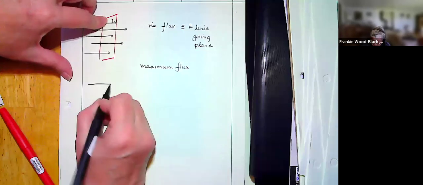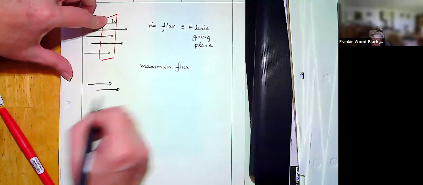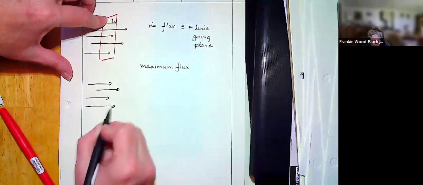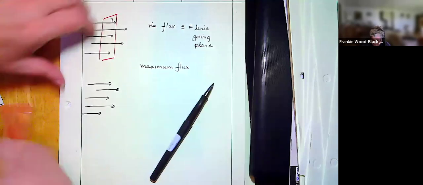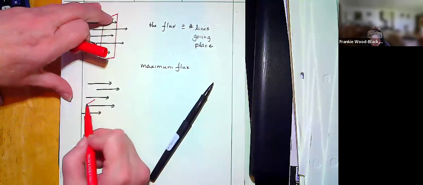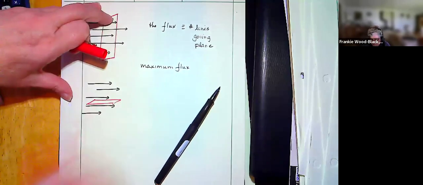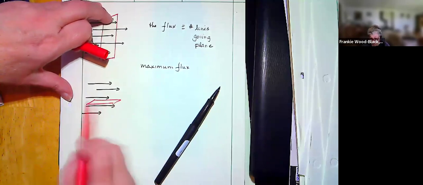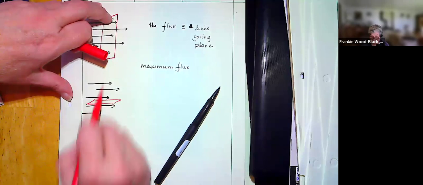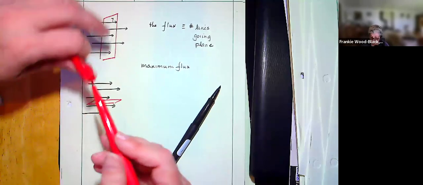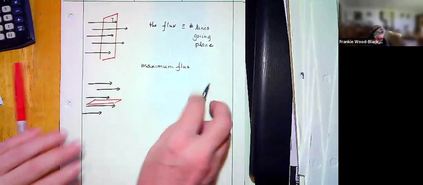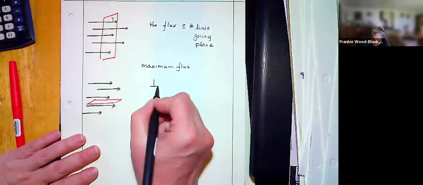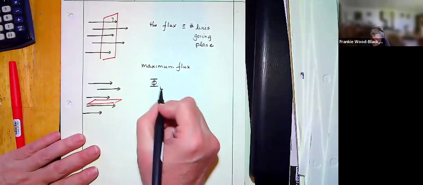Now, if I have that same uniform electric field, and I put my plane in this way, guess what happens? I get 0 flux because I don't have lines going through the vertical portion of the plane. So we are going to define our electric flux.